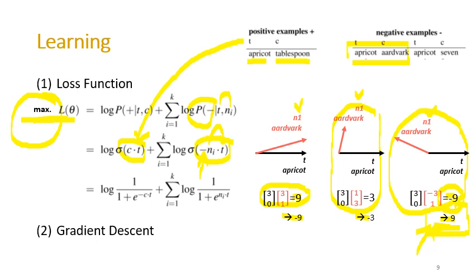So to recap, in a positive example, you just calculate the dot product between C and T, and for the negative example, you calculate minus the vector of the context word multiplied by the vector of the target word. And that's the function that you want to maximize.